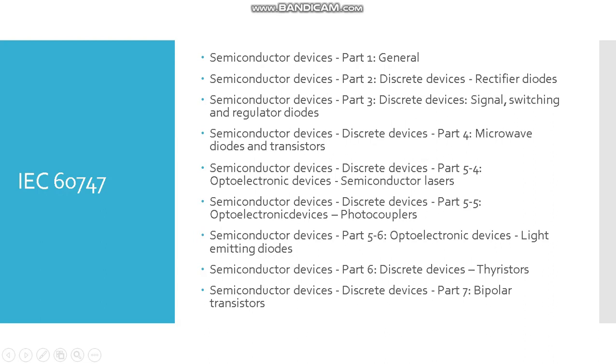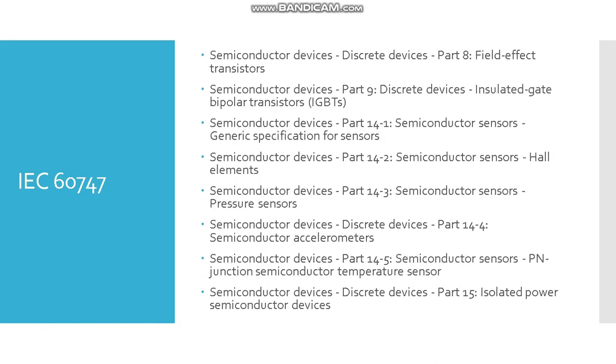Okay, so here are the parts of the IEC 60747. So we have the general part. Next is the rectifier diodes, the signal switching and regulator diodes, the microwave diodes and transistors, the semiconductor lasers. We also have the photocouplers, the light emitting diodes, the transistors, the bipolar transistors.